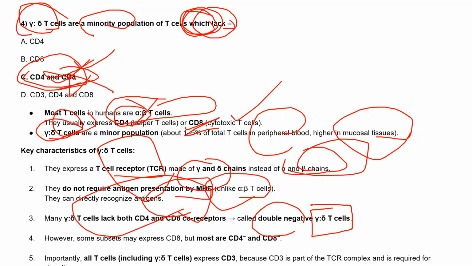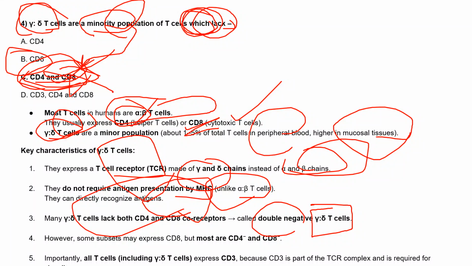However, in some cases they have CD8, but in rare cases. So if that is contradictory, then you may be right that CD8 will be present in some subsets. But if option C, that is CD4 and CD8, is there, then we go for CD4 and CD8, because these are the minority population.